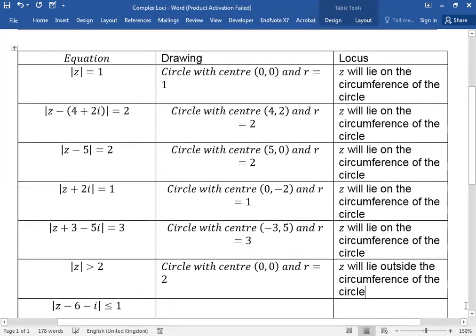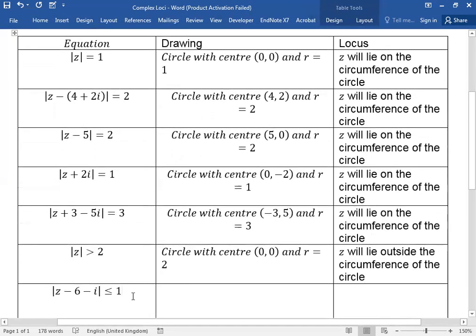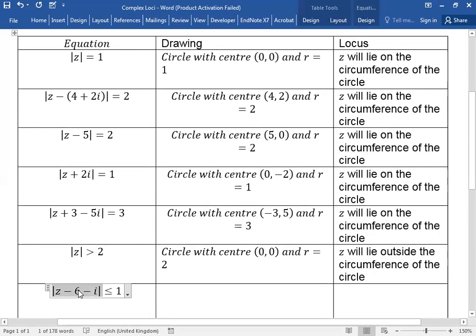Is this clear? Okay, similarly, if I give you this, what am I trying to imply here? I'm trying to say that the distance of z from 6 plus iota... I can just take the negative sign common, and I'll be left with z minus (6 plus iota).